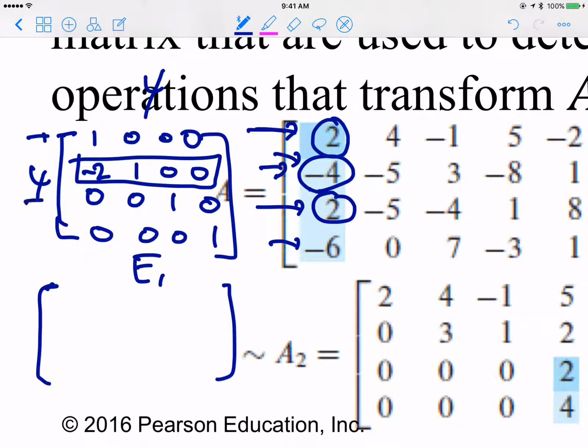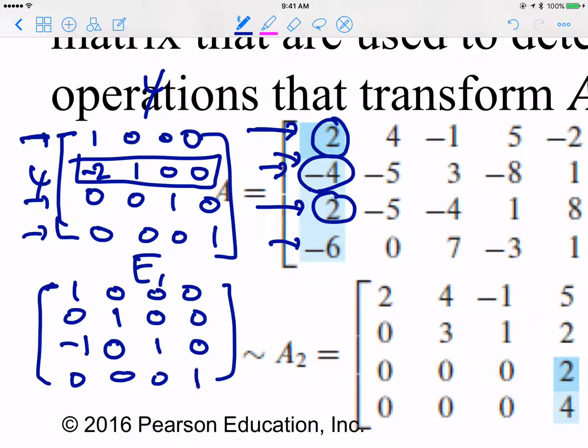So the first row is 1 0 0 0, then 0 1 0 0, and then what is the third row? Minus 1, and 0, 0, 0, 1. Right?